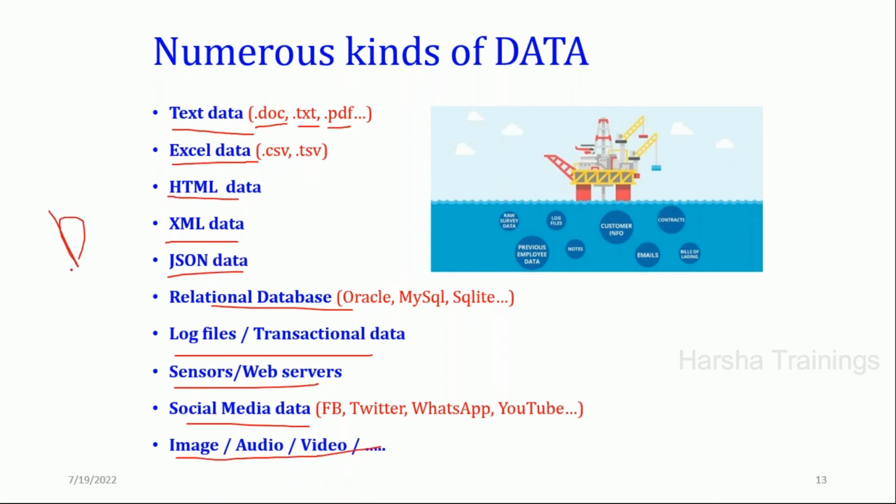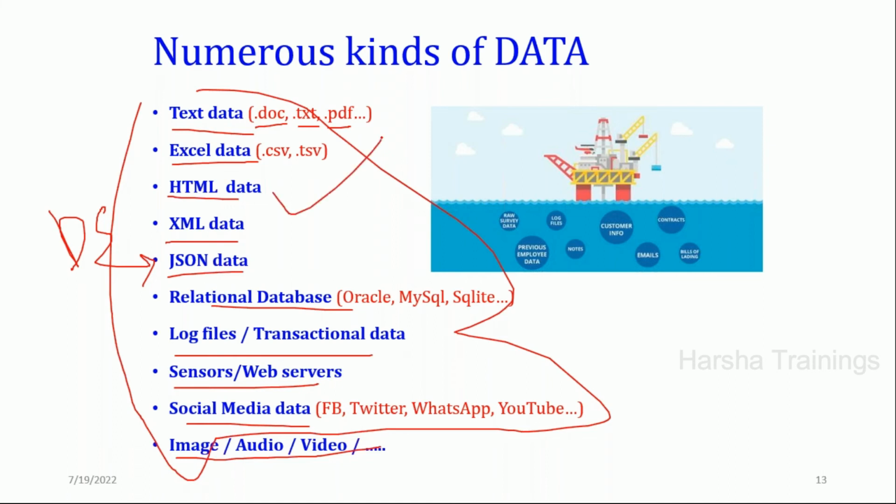A data scientist has to deal with all these kinds of data. Mostly my concentration will be on these areas. I will also teach the concepts with HTML, XML, JSON, relational databases, log files, sensor data, everything. But mostly I don't go for audio and video data. As a student, you should be good in text data or image data, which is very much fine for getting jobs.